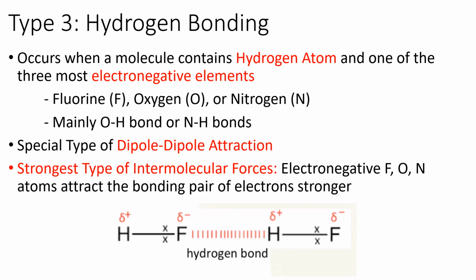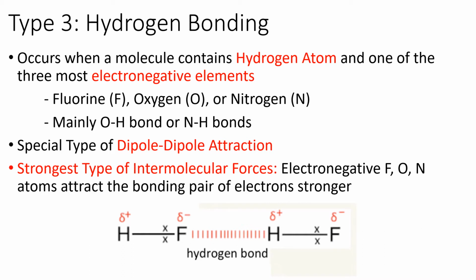The third and last type of intermolecular forces is hydrogen bonding. It occurs when a molecule contains a hydrogen atom and one of the three most electronegative elements. First, fluorine. Second, oxygen. Third, nitrogen.